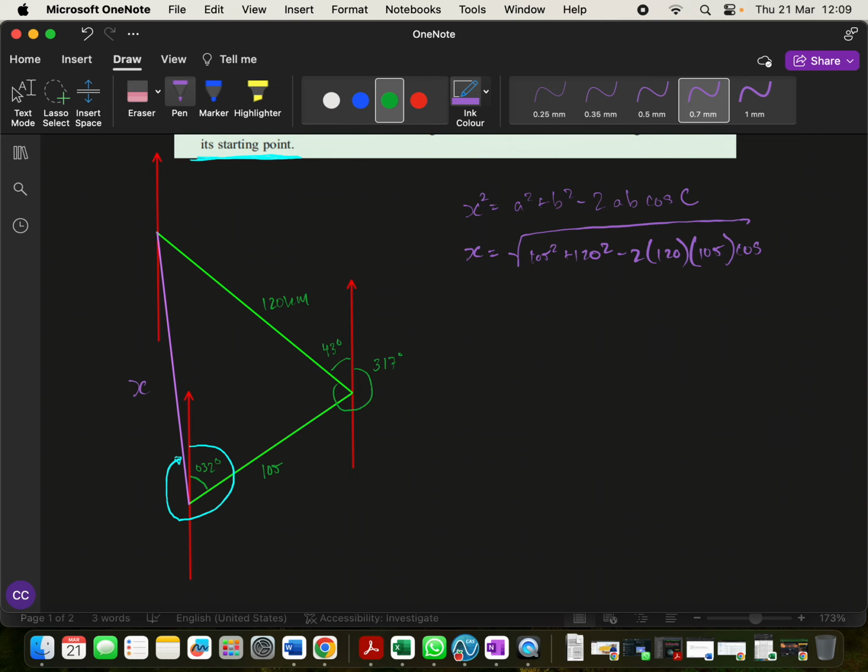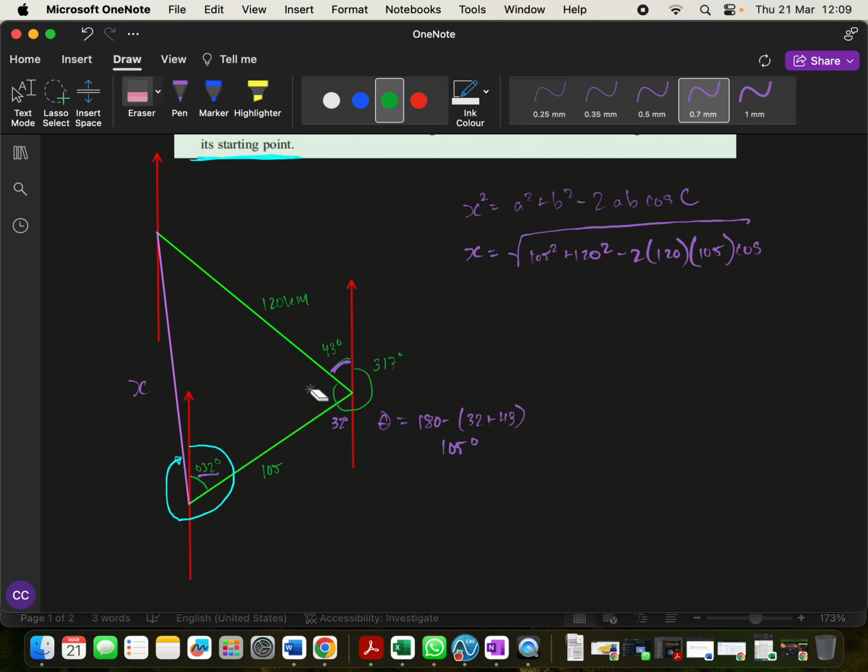Because of alternate interior angles, we've got 32 degrees right there. If we have 43 here, then what's left is 180 minus, I'm going to call this theta for now, theta is 180 minus 32 plus 43. That's 75, so it's 105 degrees.